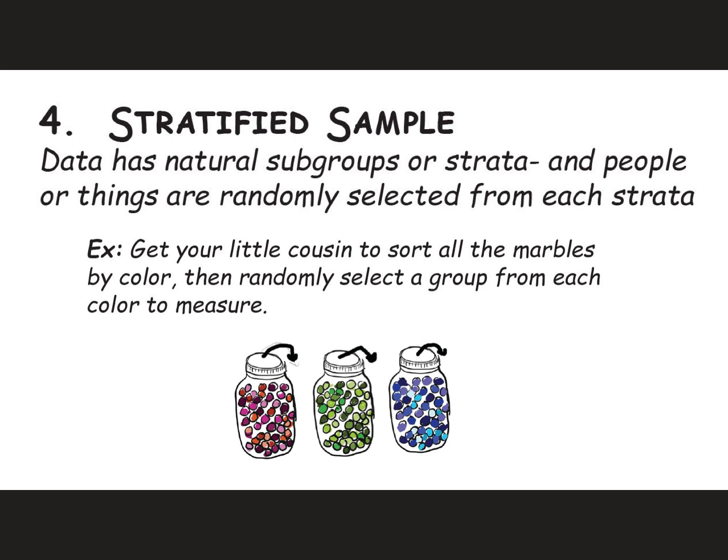So I would then randomly sample, do a simple random selection from each of those color groups, each of those strata. Usually you do strata when you want an equal number of men as women in your sample, or equal number of rural versus urban in your sample. So you stratify, and then you do a simple random sample in each stratum.